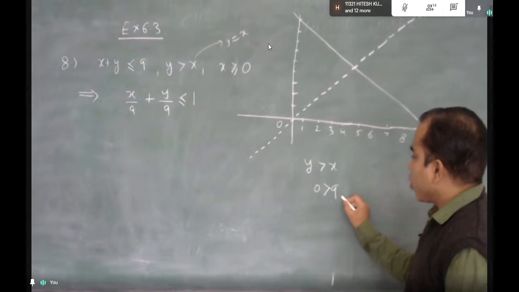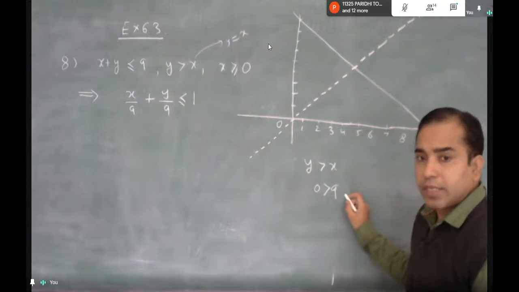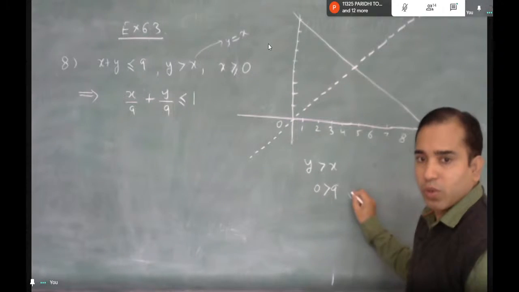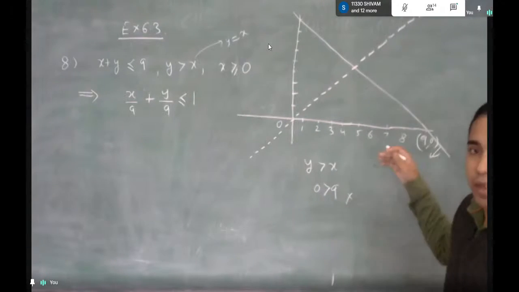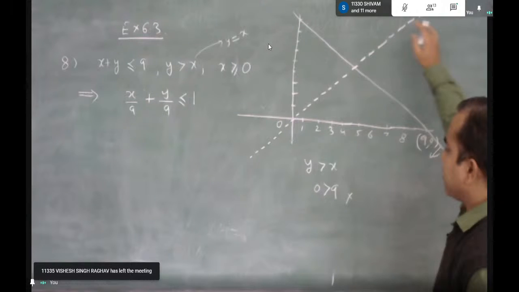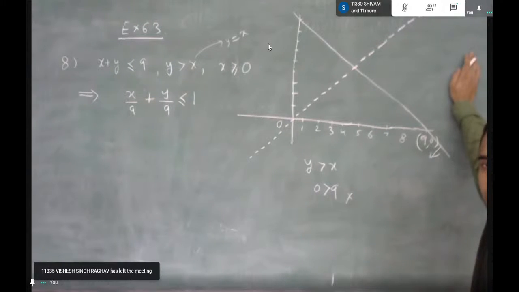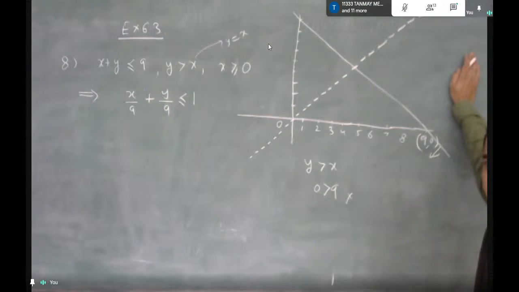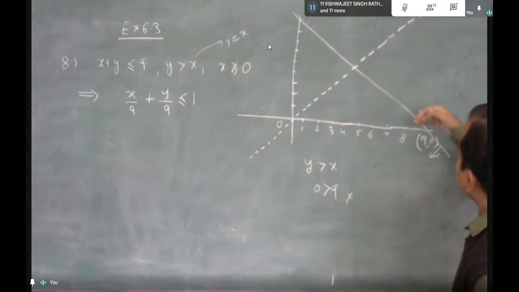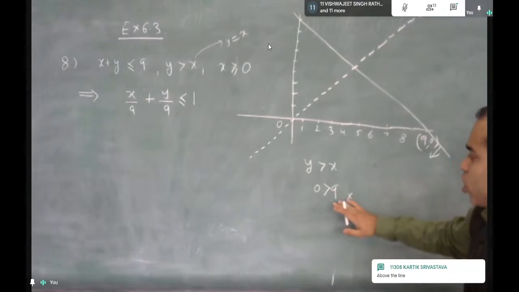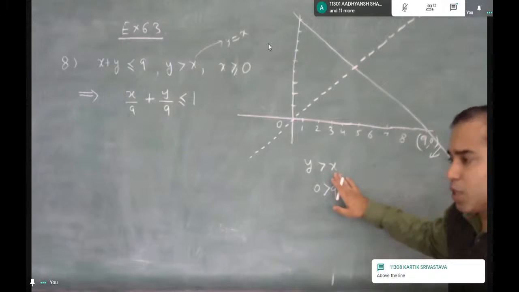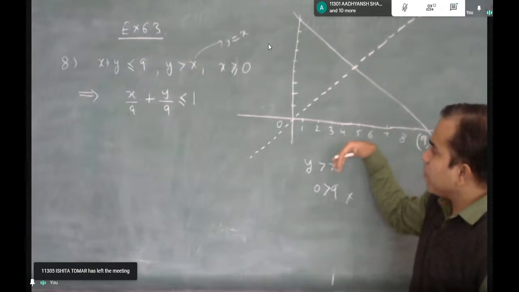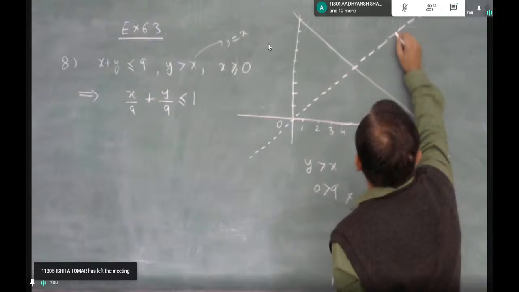This is true or not? This is not true. So, which side should we shade? Below the line or above the line? Above the line I should shade, because 9, 0 is below the line and 9, 0 is not satisfying this inequality. It means that points below the line are not satisfying. So, on the other side I should shade.